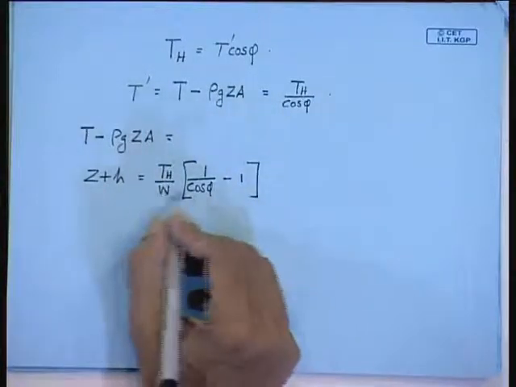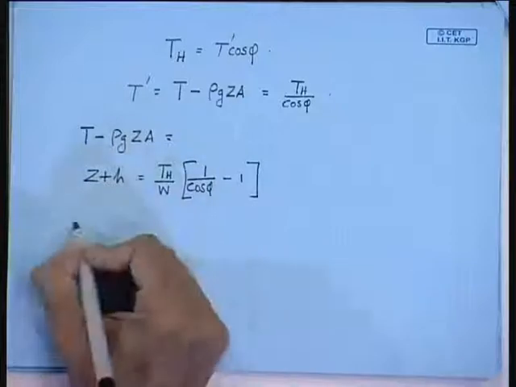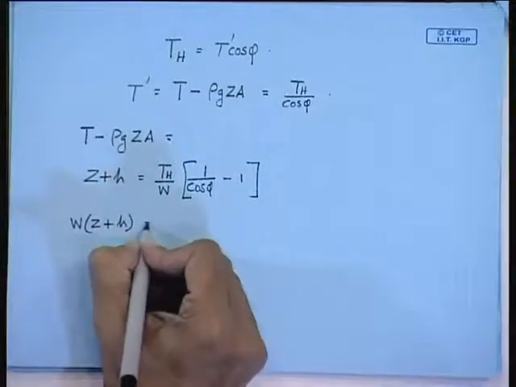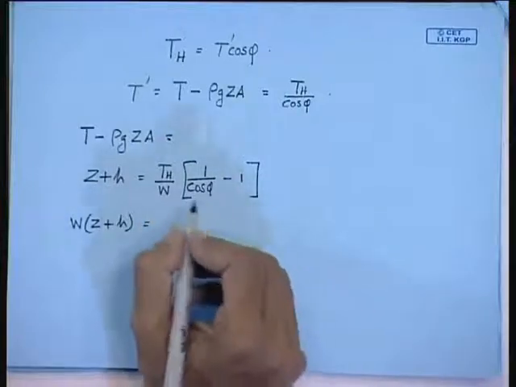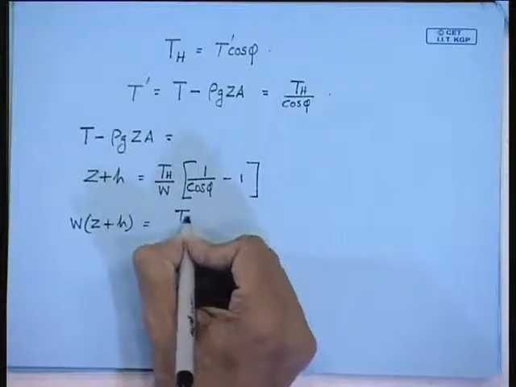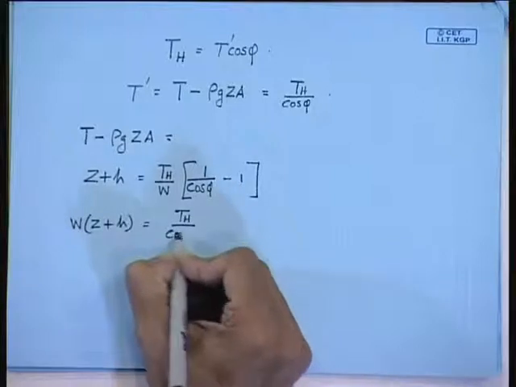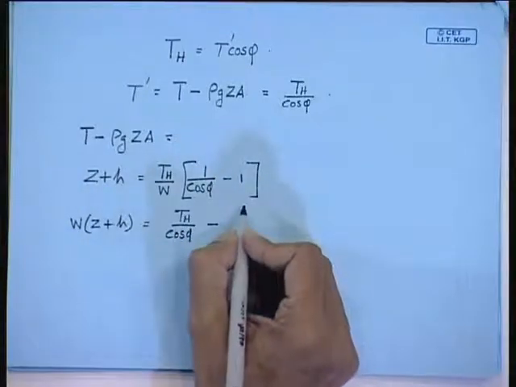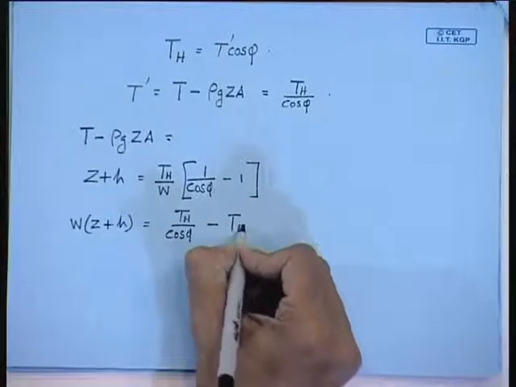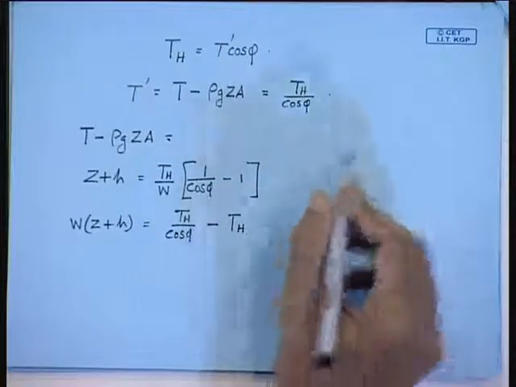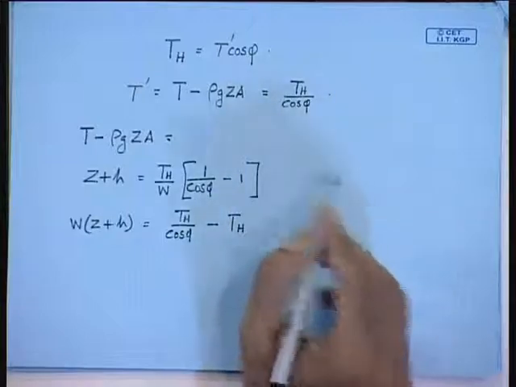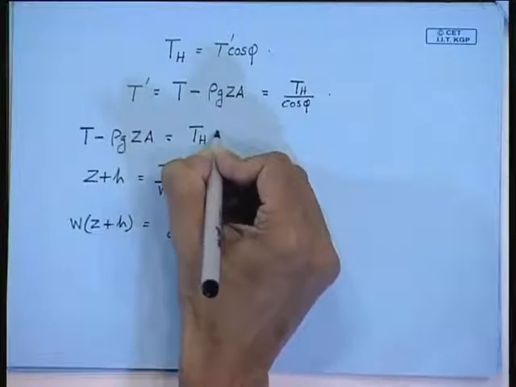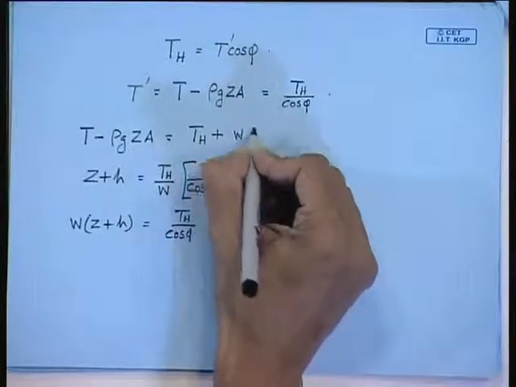Take it inside the bracket, so this will be W multiplied by Z plus H. So this is equal to how much we are getting out here. So this will be TH over cos phi minus TH. This minus TH is coming. So our expression becomes TH plus W multiplied by Z plus H.